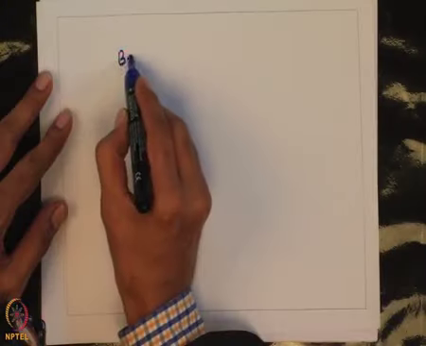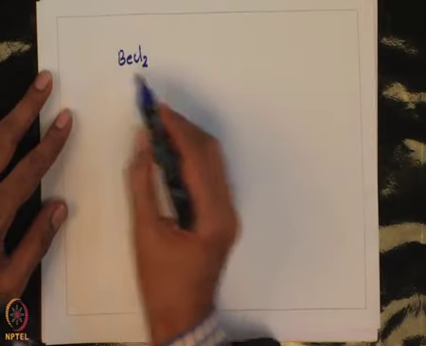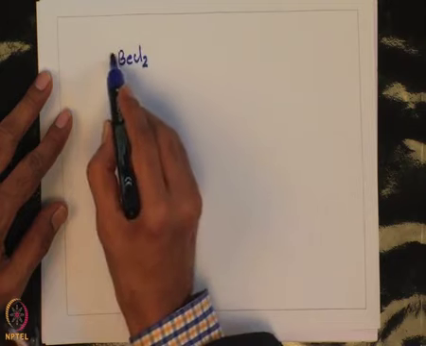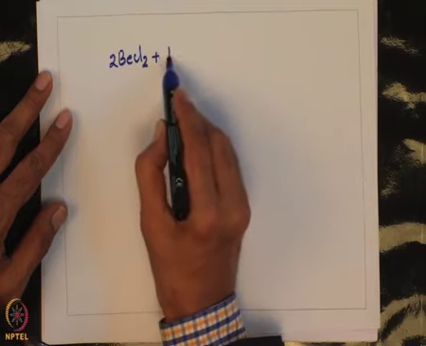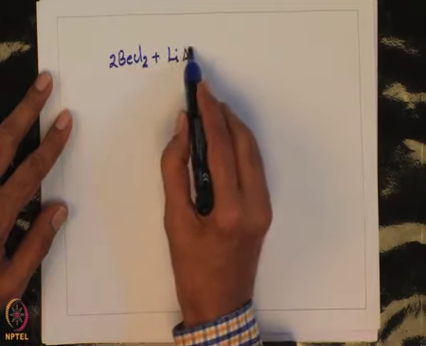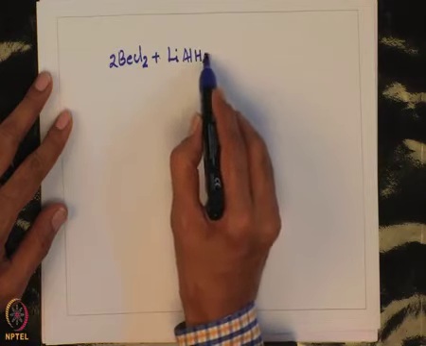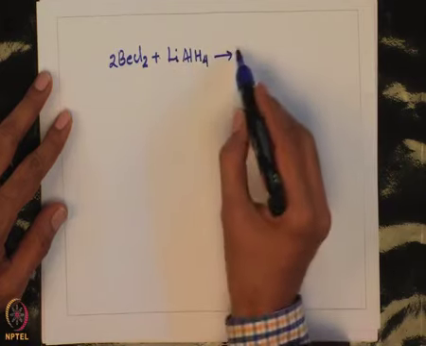For example, beryllium hydride can be prepared starting from beryllium chloride, which on interaction with lithium aluminum hydride gives beryllium hydride.